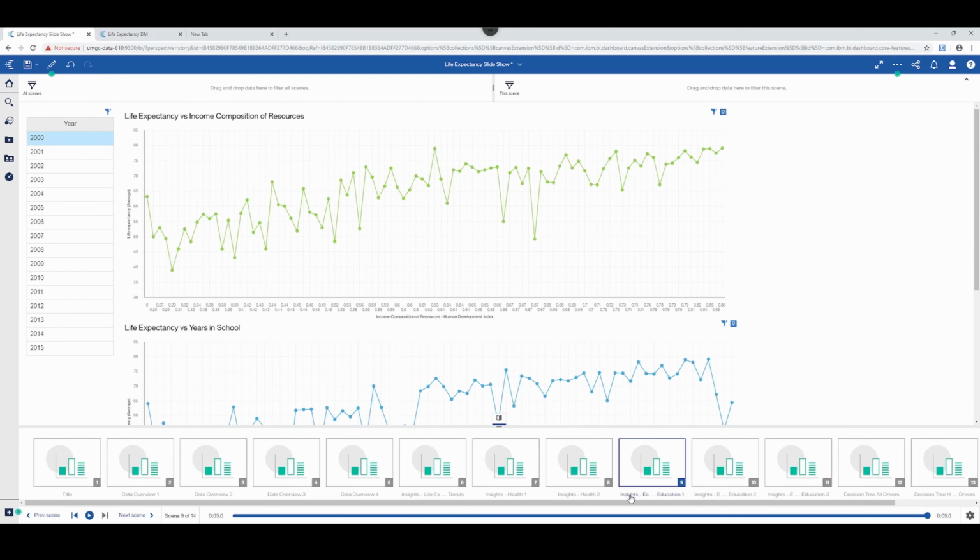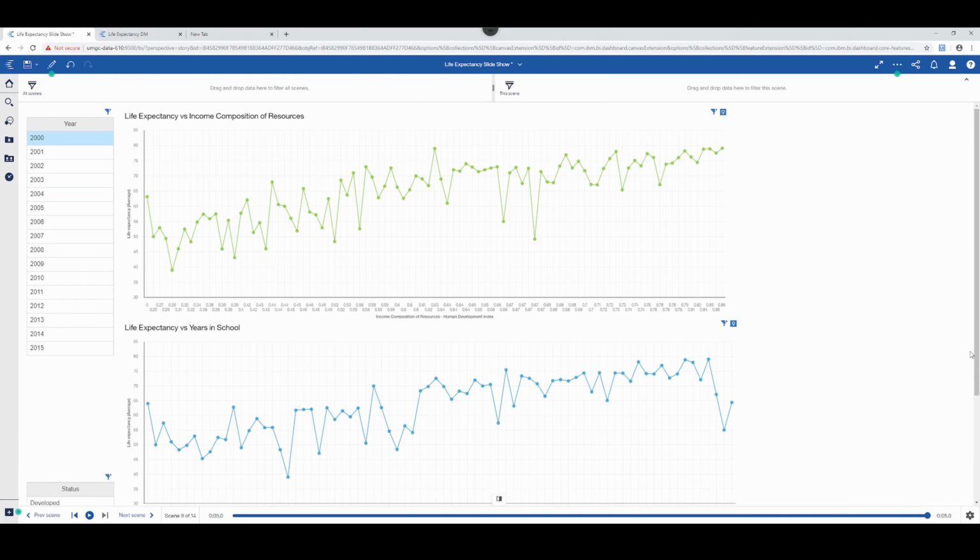Here we start looking at economic and education factors that have an impact on life expectancy. Here we have income composition of resources and years in school. Income composition of resources is a human development index, which pretty much measures how developed a country is.